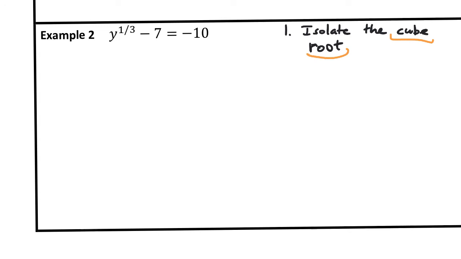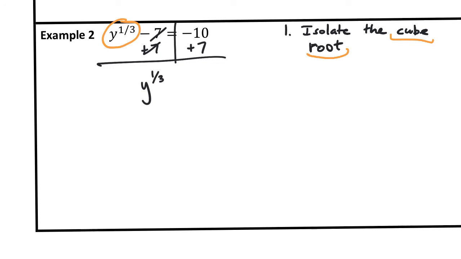The cube root is right here, so I want to isolate that one. I need to add 7 on both sides. They cancel, and I get y to the 1/3 equals -3, since -10 plus 7 is -3.